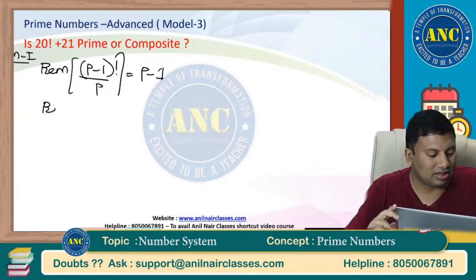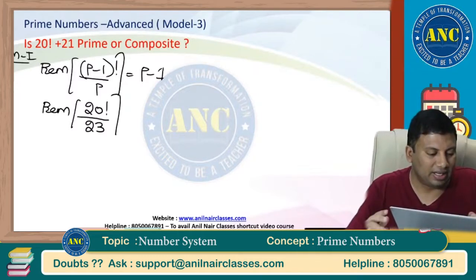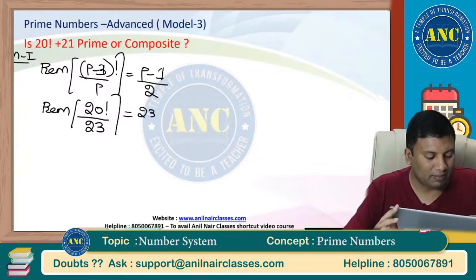So this is 20 factorial by 23, which is (p minus 3) factorial. So it is (p minus 1) by 2: 23 minus 1 is 22, by 2 is 11. Actually this is 24 by 2, which is 12.